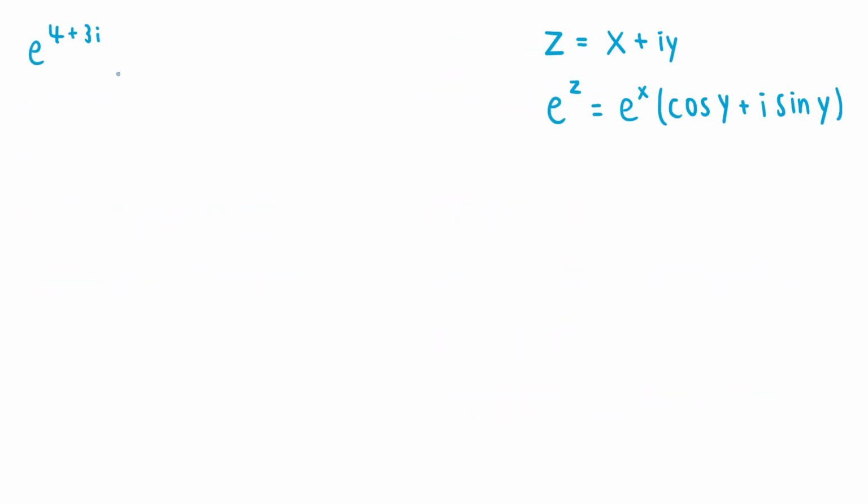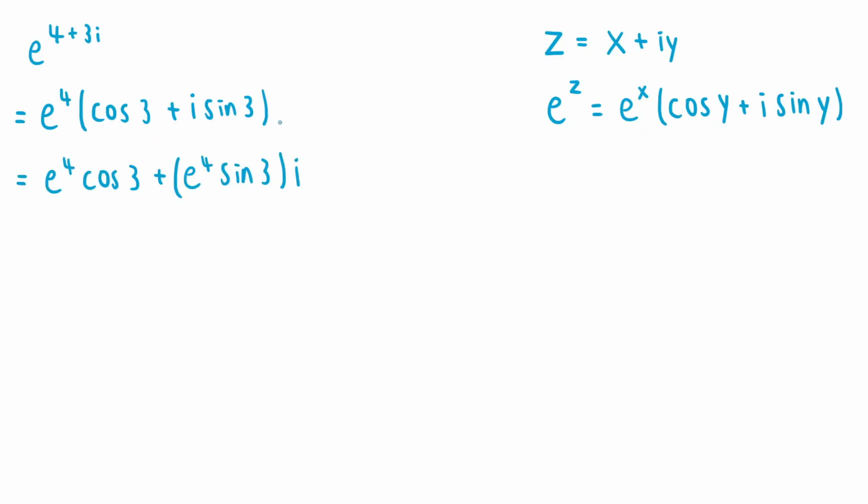So I would like to show some examples of evaluating exponential functions with complex values. So let's say we have e to the 4 plus 3i. We can simply evaluate this using the formula for the exponential function. If we apply the formula, then e to the 4 plus 3i equals e to the 4 times parentheses cosine 3 plus i sine of 3.